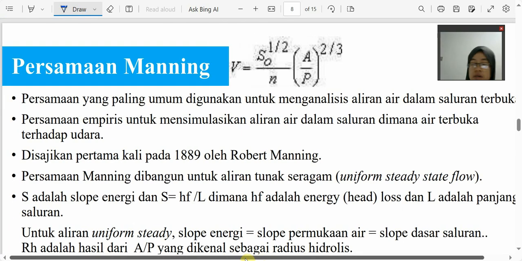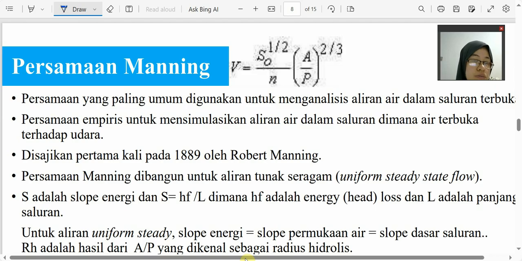We know in this slide, as I mentioned earlier, that it's not only the Chezy equation that introduces the roughness factor that we can consider in the calculation of the velocity if we want to know the velocity of open channel flow.